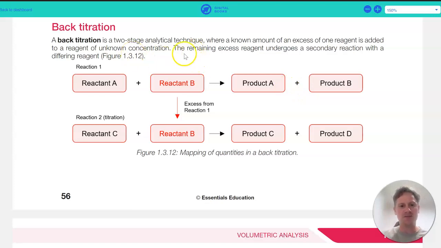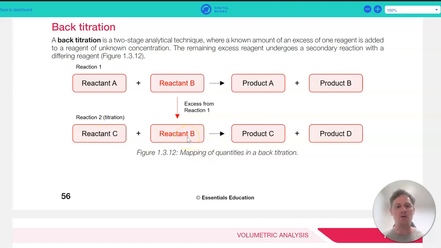Now the second step is the remaining excess reagent, the leftover from the first reaction of reactant B, because we're going to put excess in there, more than what we need, okay? That leftover undergoes a secondary reaction with a differing reagent. So you're now going to have a second titration where you've got reactant C reacting with reactant B, okay?